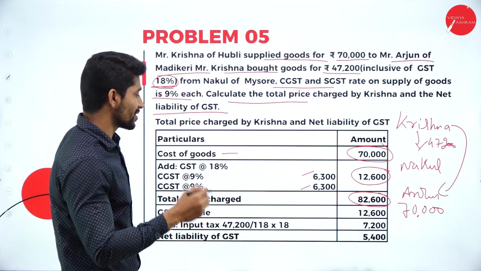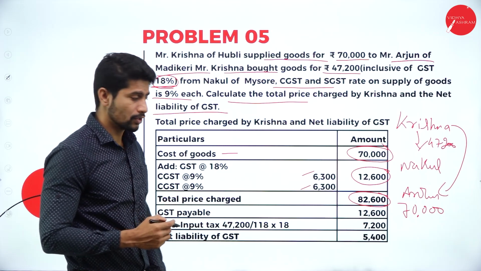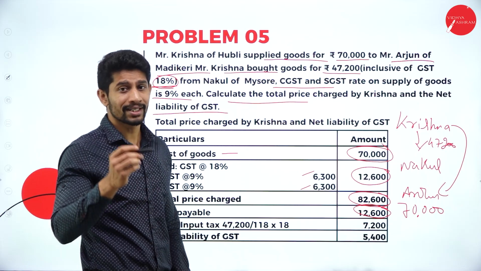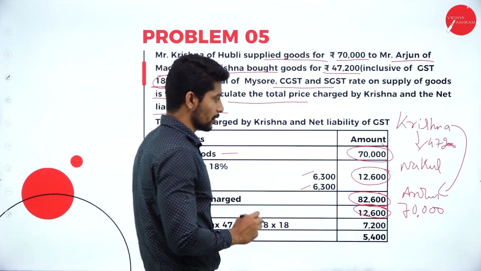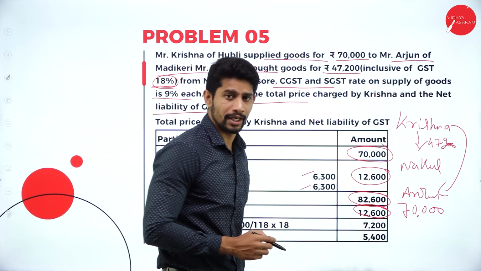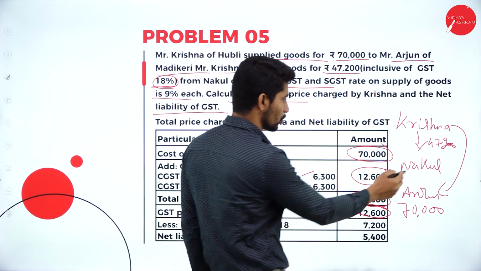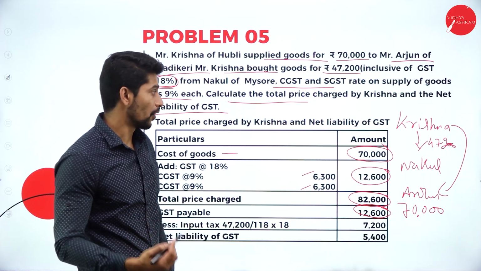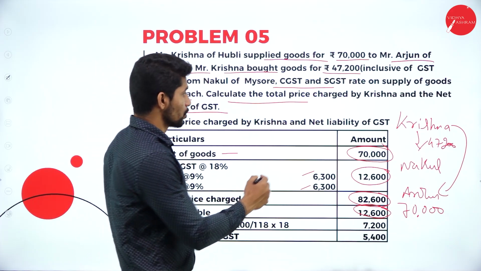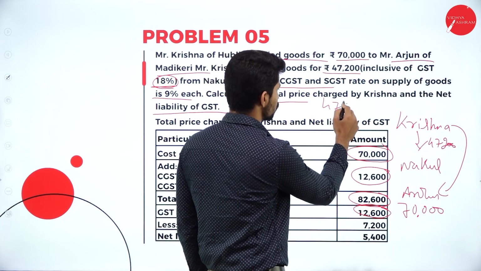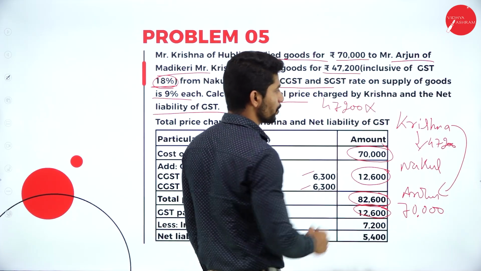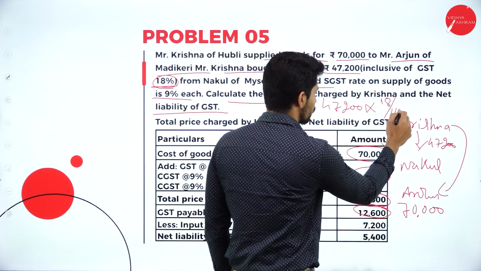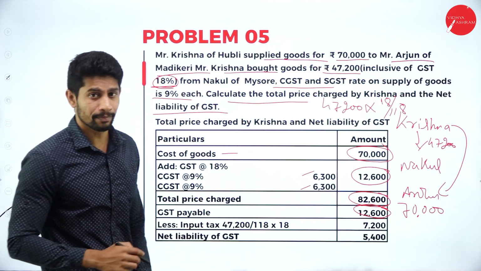So now, what is the GST amount payable? So here 12,600 rupees is the GST amount what we got. But at the time of purchasing the goods from Mr. Nakul, Mr. Krishna has already paid 18% of GST. So this amount 47,200 is inclusive of 18% of GST. So if the amount is for 118%, what is the value for 18%?